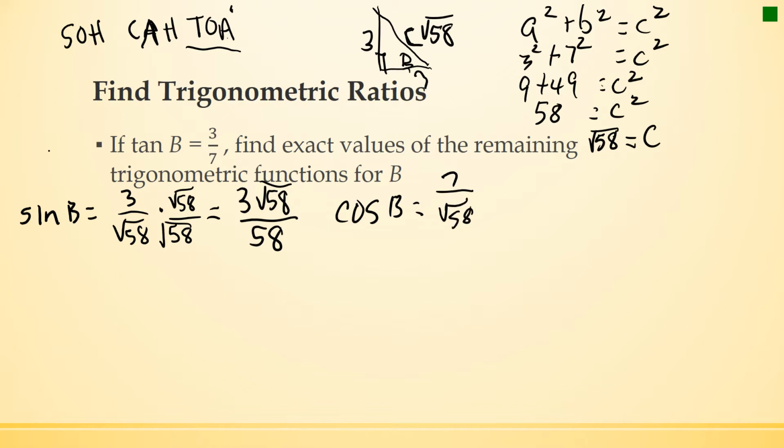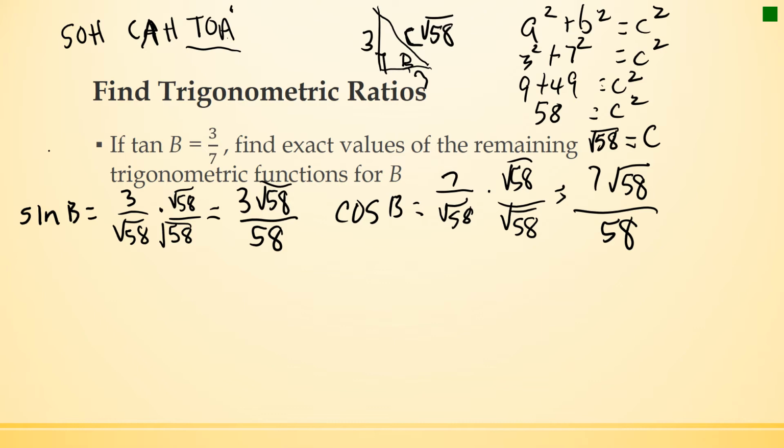Again, we've got a bad manners situation going on here, so we're going to multiply this by the square root of 58 over the square root of 58. And that's going to leave us with 7 times the square root of 58 over 58. Well, there's the cosine. So we got 2 of the 5 done.